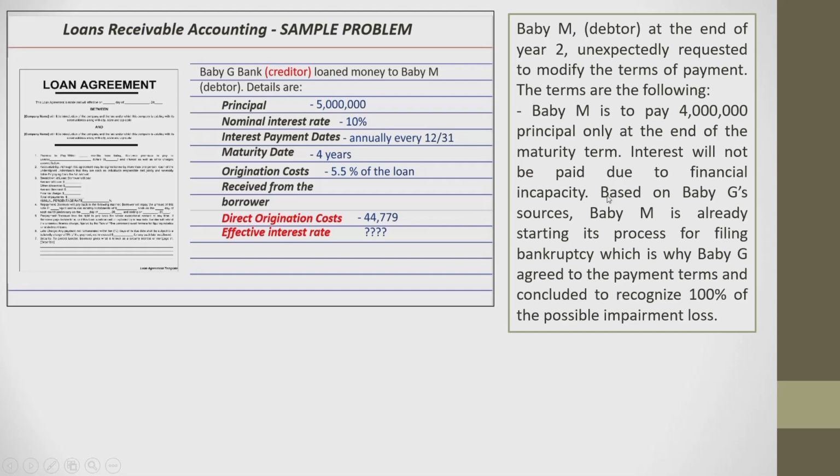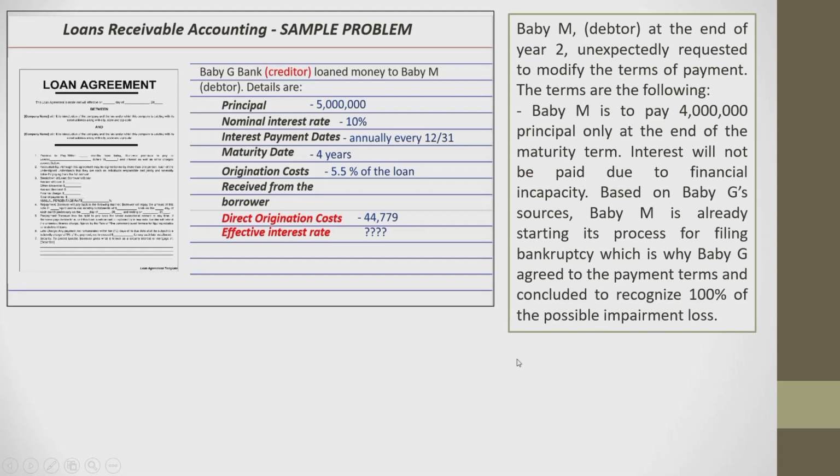Of course, BBG will investigate. Based on BBG's sources, BBM is already starting its process for filing bankruptcy, which is why BBG agreed to the modified payment terms and concluded to recognize 100% of the possible impairment loss.